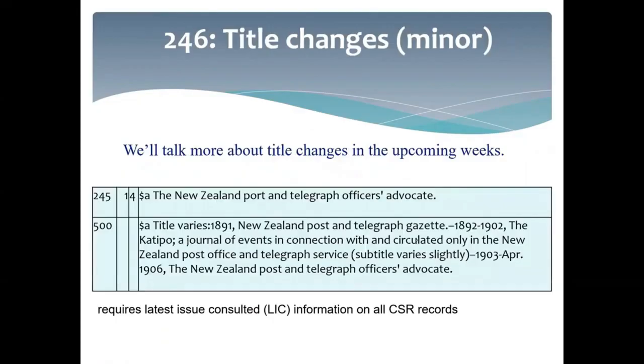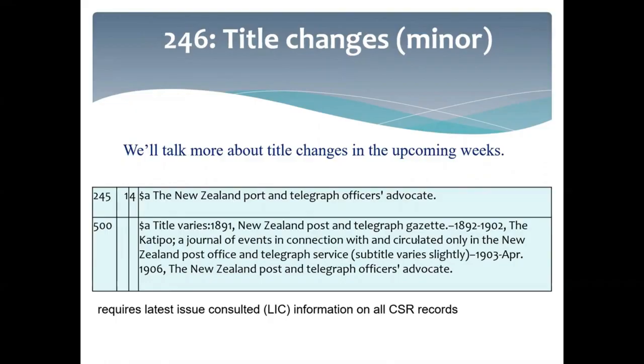We will talk more about title changes in the upcoming weeks. You remember I was talking about that difference between organization names when they change the spelling. Here's another one where the title varies a little bit. So we have the New Zealand Post and Telegraph Officers Advocate, and especially with older stuff, you get a lot of this kind of stuff.